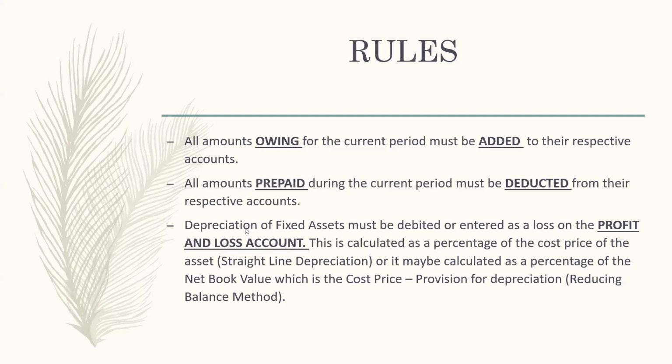When we pay this rent, there may be a month where we were unable to make payments. In other words, we are owing rent for that particular month or months. Whenever we are owing an expense, we have to add it to what we're supposed to be paying. And we will look at that in a question in a bit.